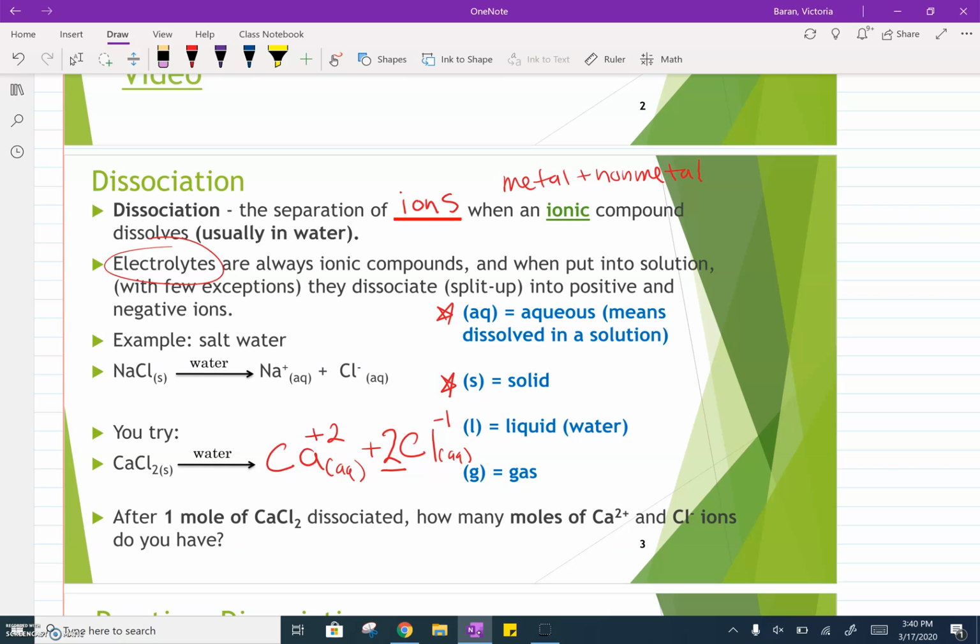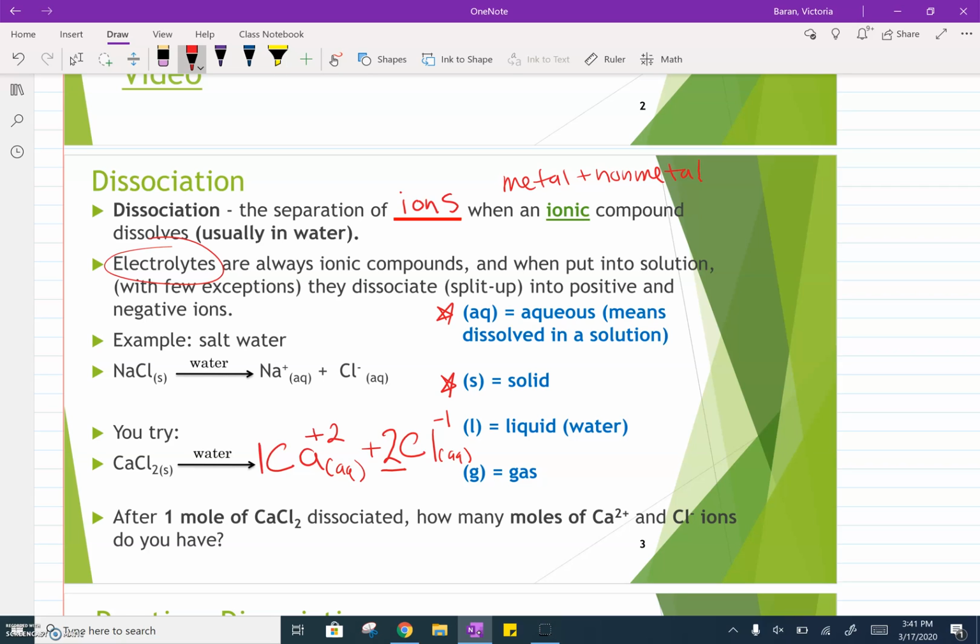Now, again, going back to chemical equations, that number in the front represents the coefficient, which tells you the number of moles. So if we have 1 mole of calcium chloride, there's 1 mole here, and it disassociates, how many moles of calcium ions will you have?